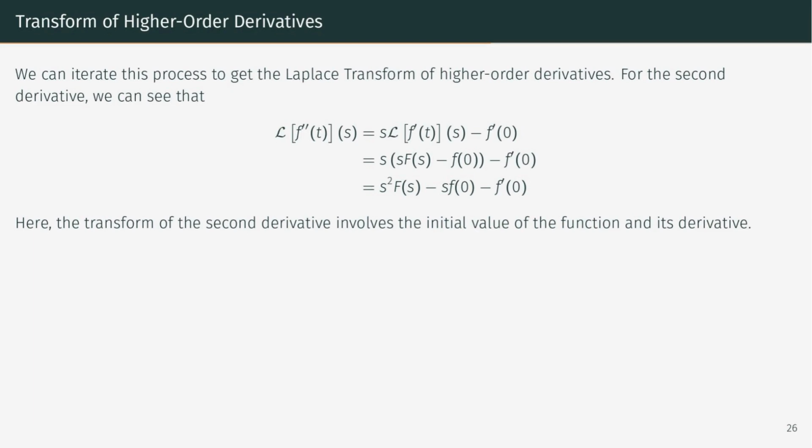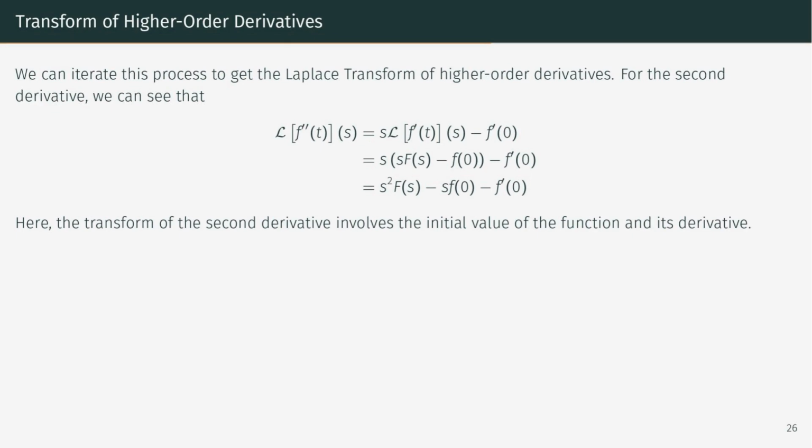Inputting the result of the first derivative shows that this equals s times (s F of s minus f of 0) minus f prime of 0. This then equals s squared F of s minus s f of 0 minus f prime of 0.